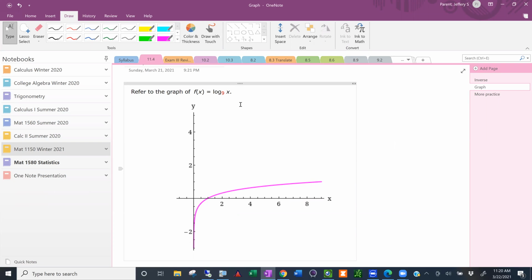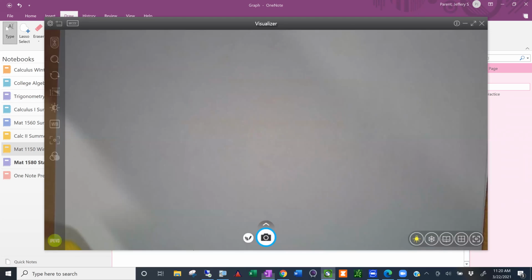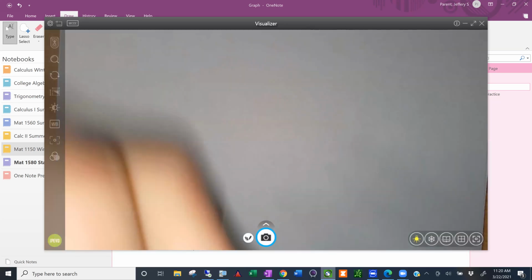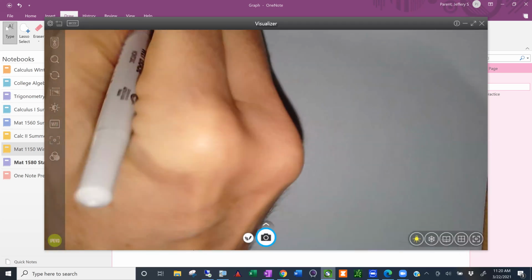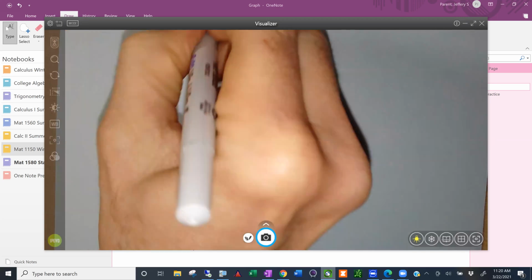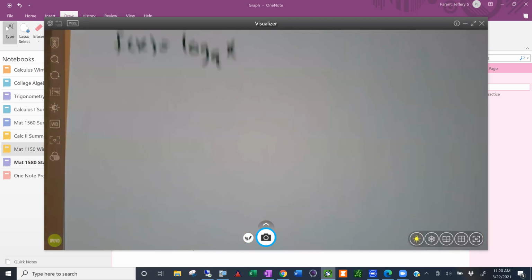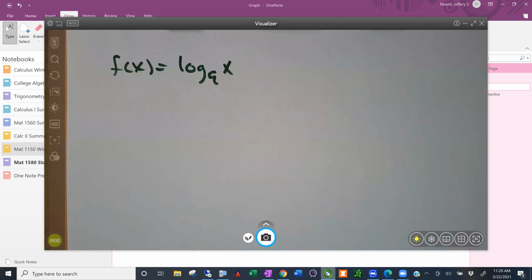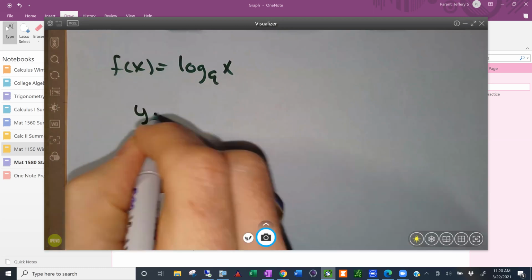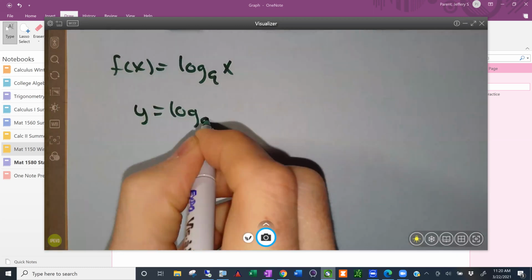It's going to depend on you as to what you like. It really doesn't matter to me which one you do. Let's start with f of x equals log base 9 of x. Now for convenience, I'm just going to write that as y equals log base 9 of x.